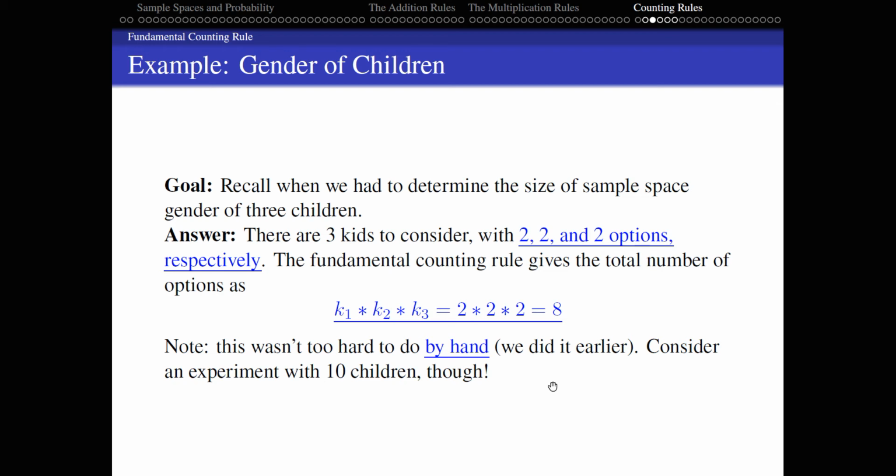Can you imagine writing out that sample space by hand? That would be ridiculous. And each one of those options would be a 10 boy-girl mix. So the first would be boy, boy, boy, boy, boy, boy, boy, boy, boy, boy. That is a single outcome in the sample space. So that's pretty intense.